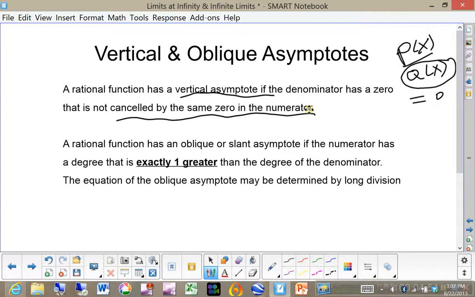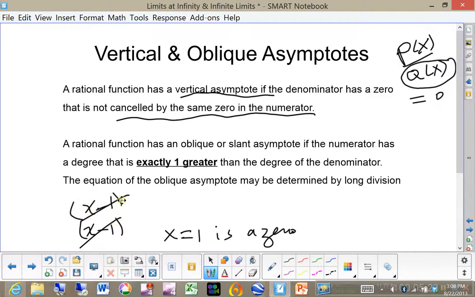So just briefly, if q of x had a factor x minus 1, then x equal 1 is a 0, and x equal 1 would be a vertical asymptote unless p of x had a factor x minus 1 in the numerator so that that would cancel out.